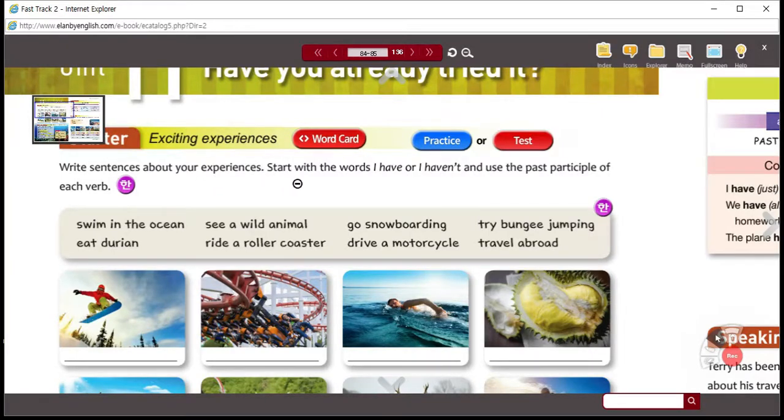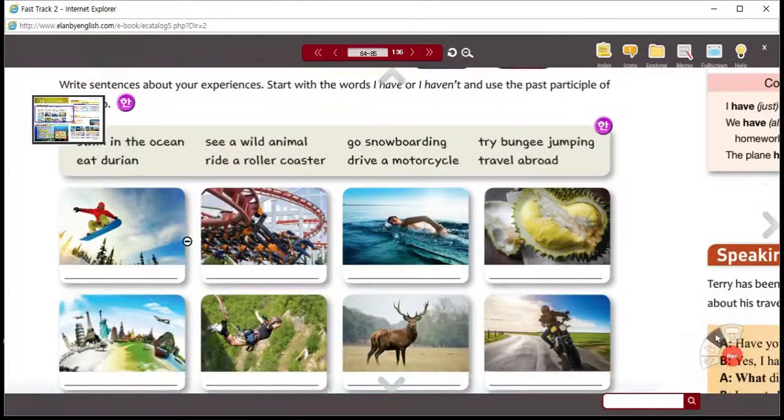Start with the words I have or I haven't, and use the past participle of each verb. So in the pictures, you can see many actions, maybe many experiences. Now, if this is something you have done, you can write I have.